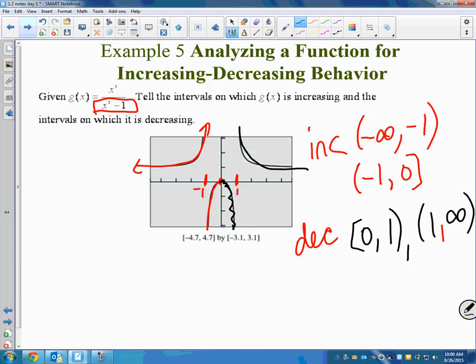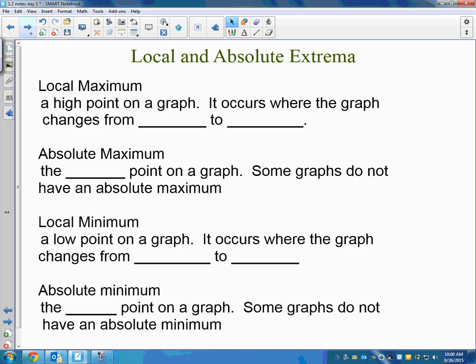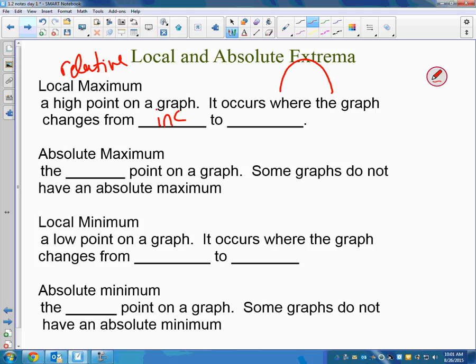All right, last one, just some vocabulary again that hopefully maybe we talked about last year, maximums and minimums. There are 2 types, though. There is a local or relative maximum minimum, and there's an absolute maximum and minimum. So a local, aka relative maximum, is just a high point on the graph, a turning point on your graph. And it occurs where the graph changes from increasing to decreasing.